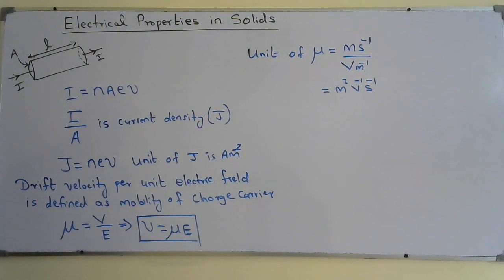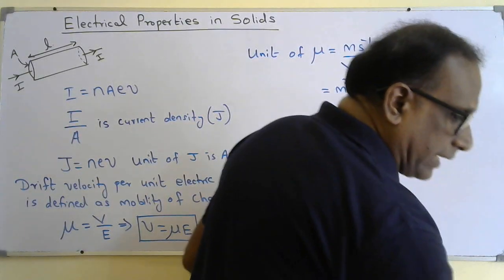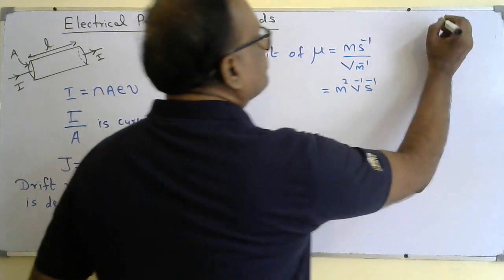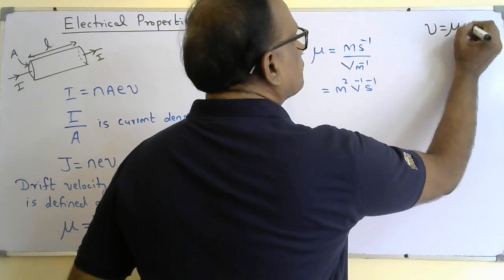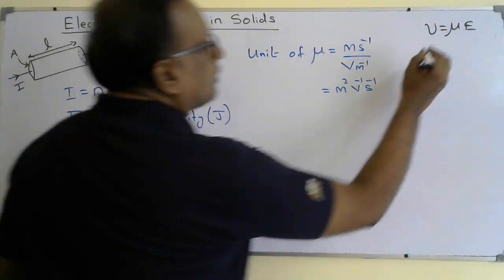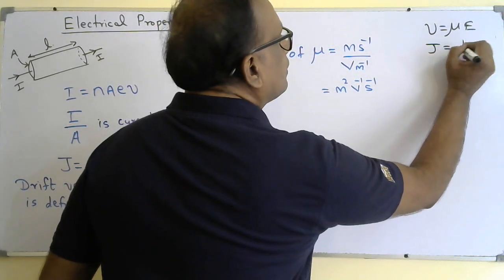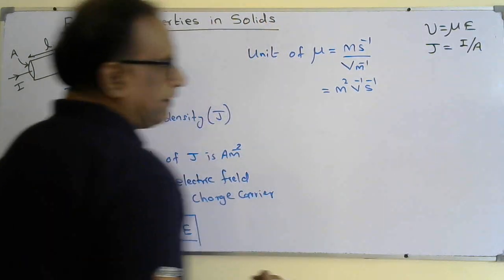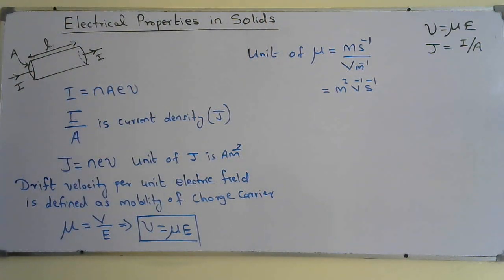So we came across so far one new equation, that is drift velocity equals mobility times electric field strength created by the external power supply. Current density is equal to current per unit area. So we came across two new equations compared to what you learned in A-level.